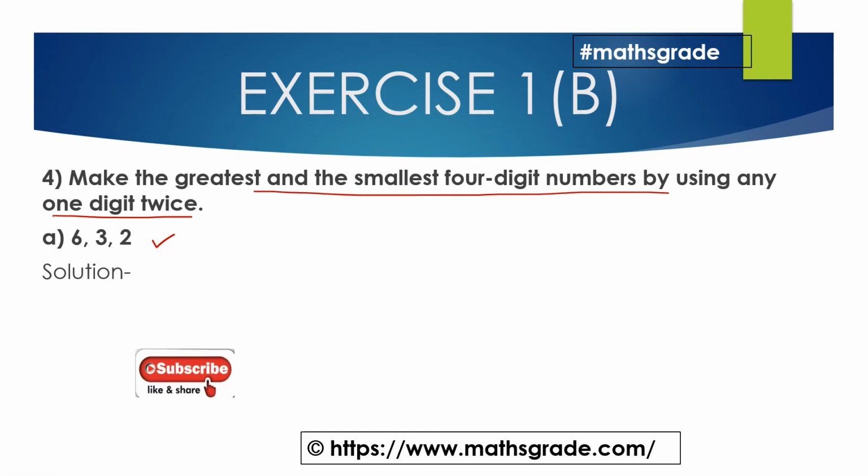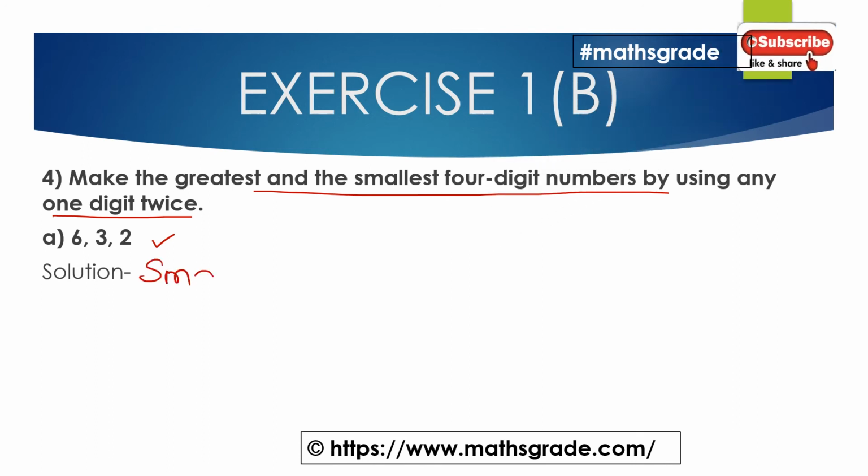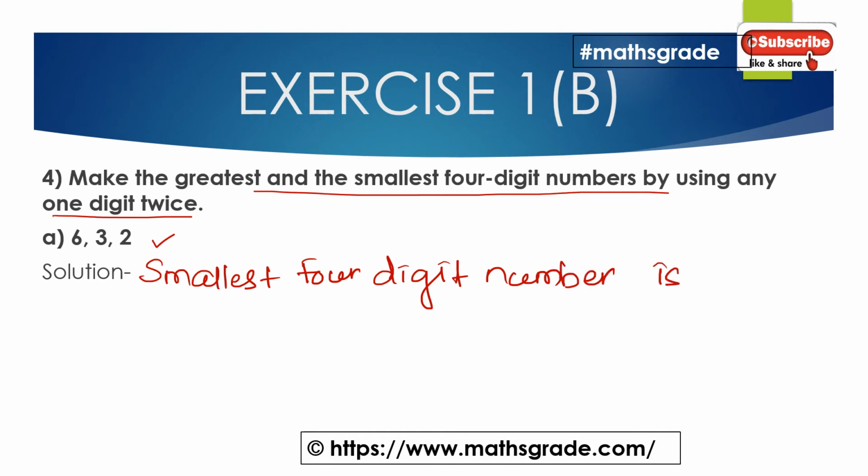So the smallest 4-digit number: the smallest digit is 2.